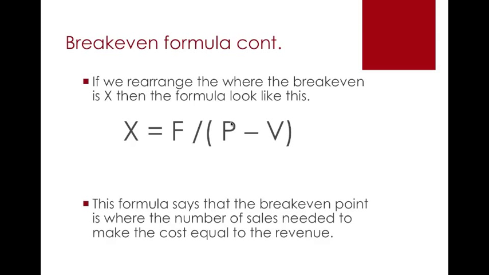So if I'm selling my product for $5 and it costs me $2 to make it, my gross profit per unit is $3. So that $3 has to help me recoup the fixed cost F, and X will be the quantity that I must produce in order to recoup that. Any quantity greater than X then turns out to be profit after that.